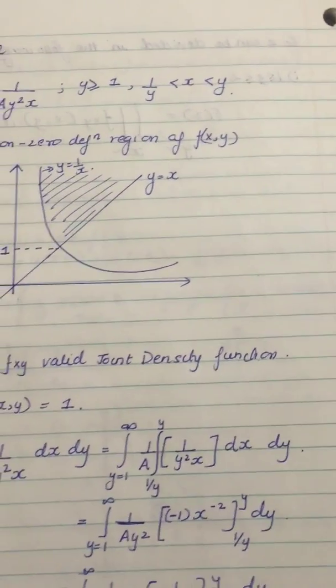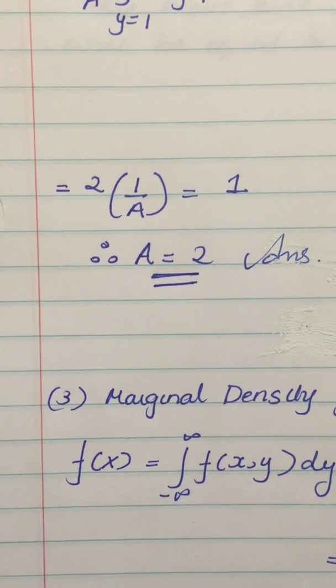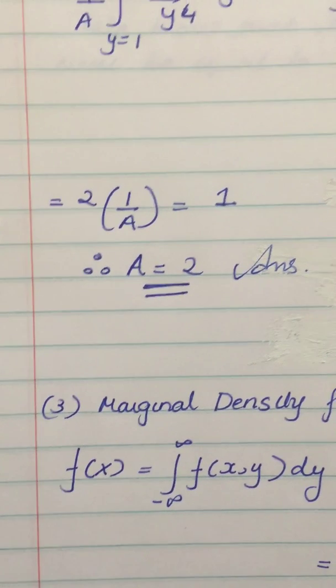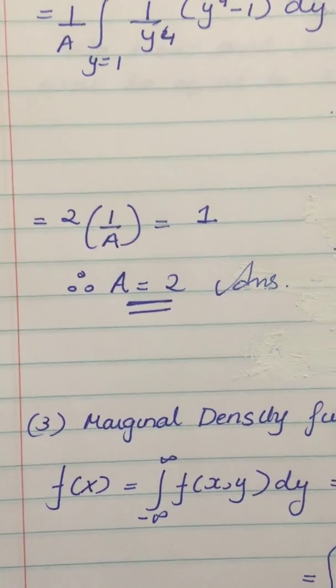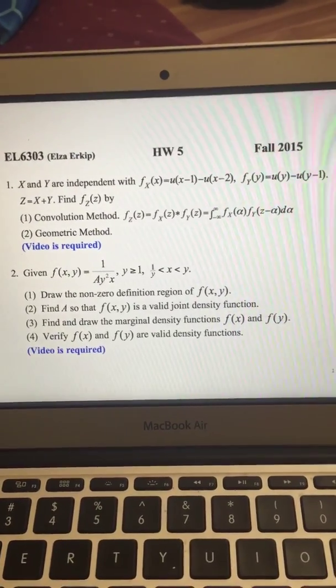Then you would open up the brackets and solve it, and once you solve it you would basically get 2 into 1 by a is equal to 1, therefore a is equal to 2. So that's how the second part has to be solved.